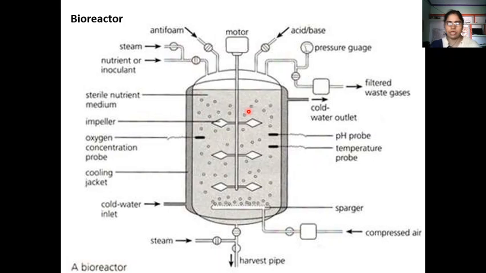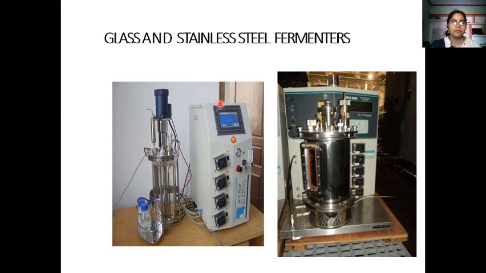So next, we can see the structure of the bioreactor. It's a glass bioreactor, and it's a stainless steel bioreactor. So it's a very small bioreactor that is used in the laboratory condition, but we are moving towards the industry.